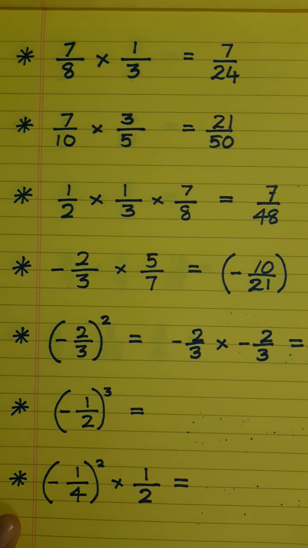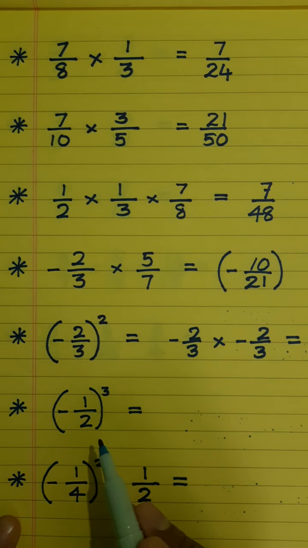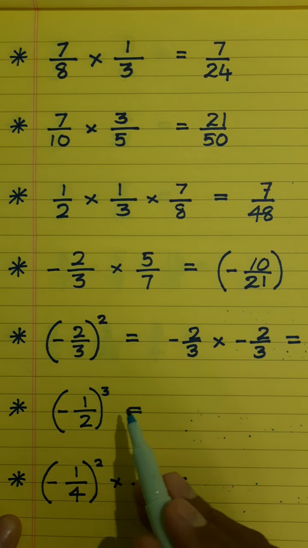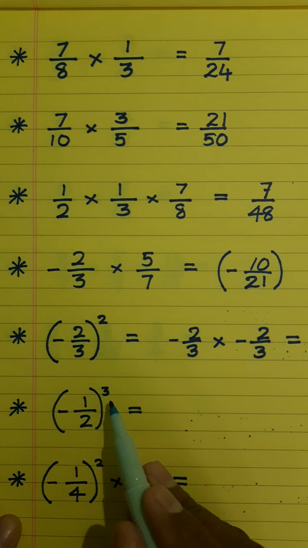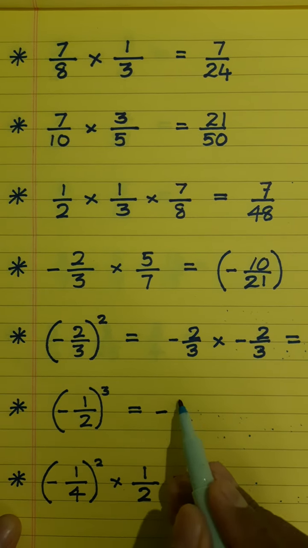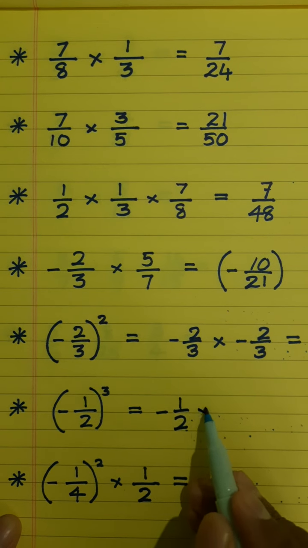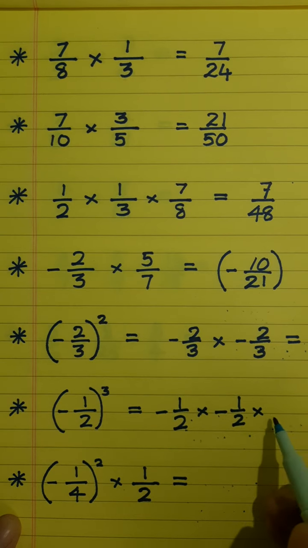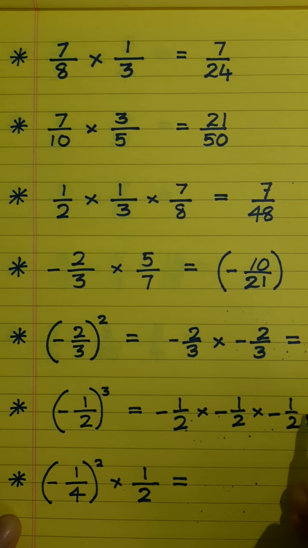Now look at the other example. Minus half to the power of 3. So the index is 3. That means you have to multiply this number thrice. Minus half multiplied by minus half multiplied by minus half.